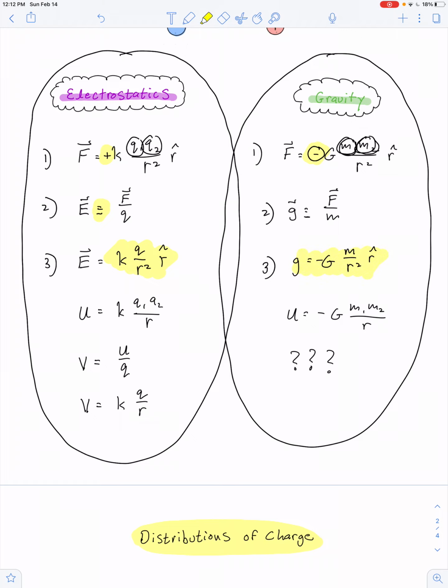The negative sign here is just a way of saying that gravitational field lines point toward massive objects, whereas electric field lines point away from positively charged objects.